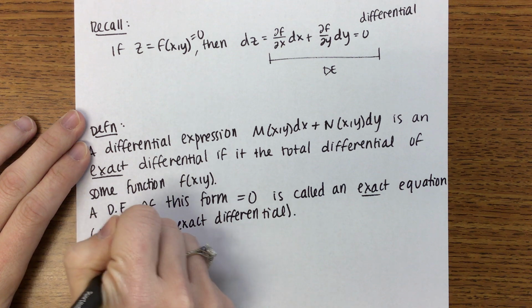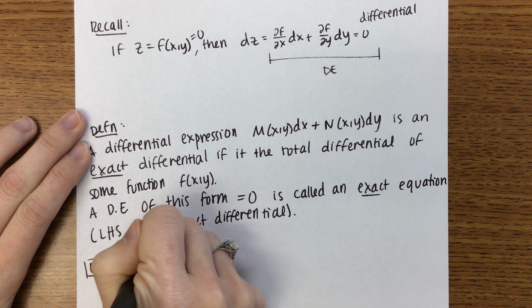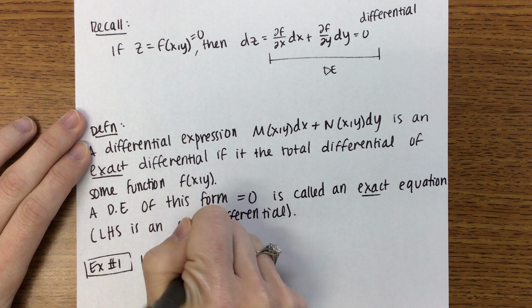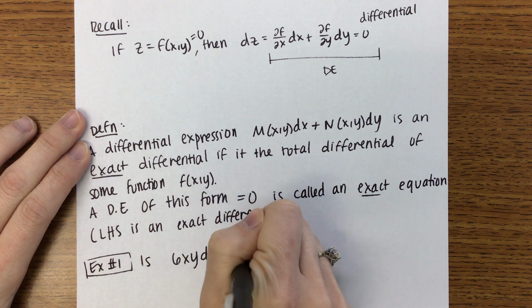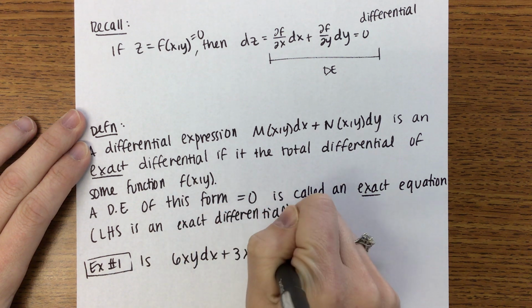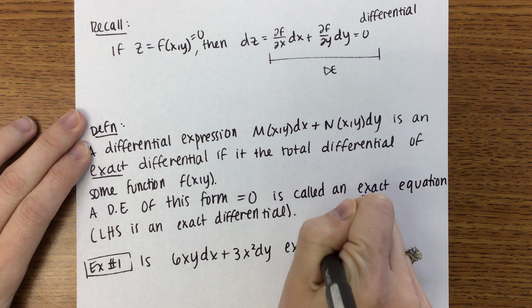Let's look at the first example. I want to know if the expression 6xy dx add 3x squared dy is exact.